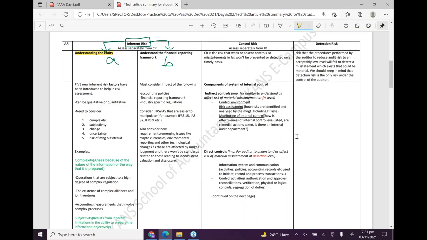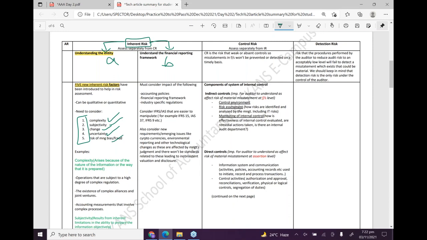So the revised ISA talks about risk factors. Areas which have complexity, judgment, where there has been a change, where there is uncertainty and there is risk of management bias, these areas automatically affect inherent risk.